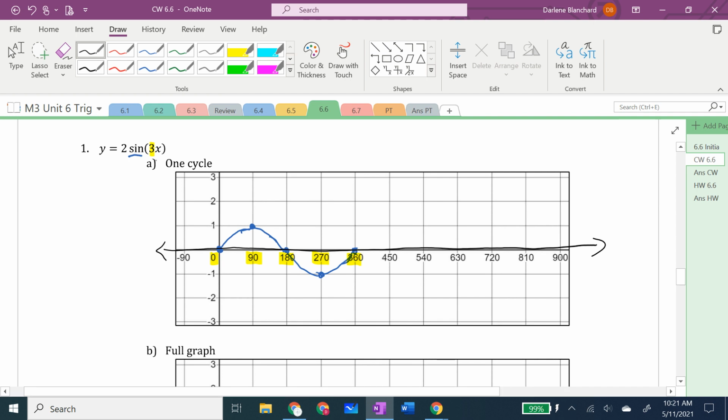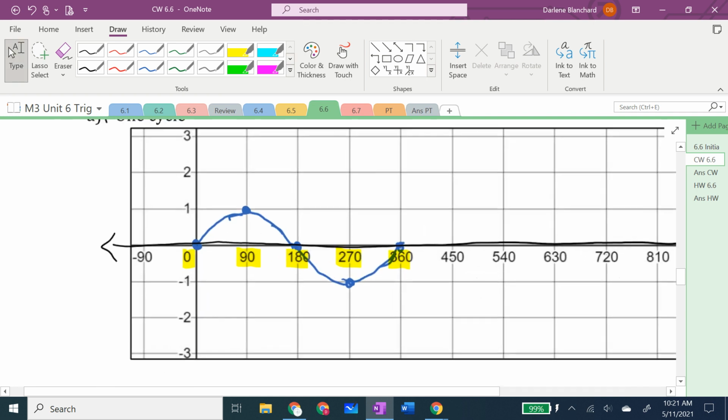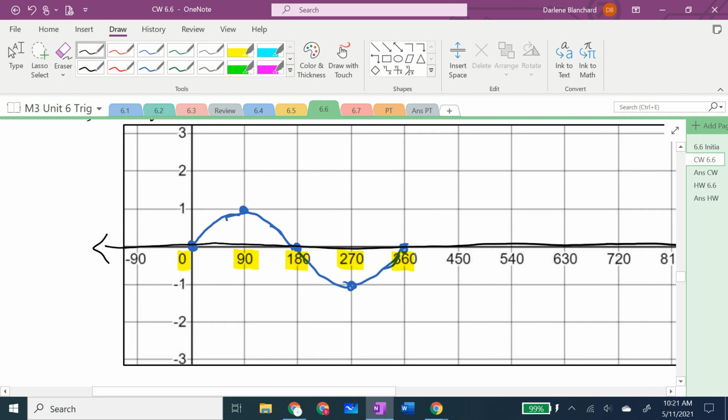So going back to the fact that we need to divide those x coordinates by 3, let's start with 360. What is 360 divided by 3? 120?